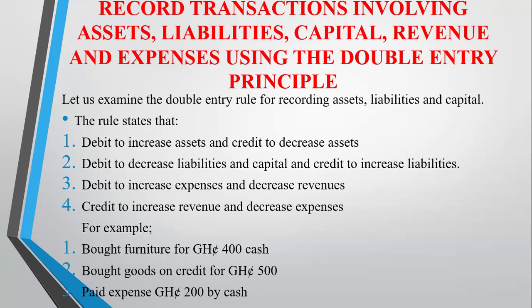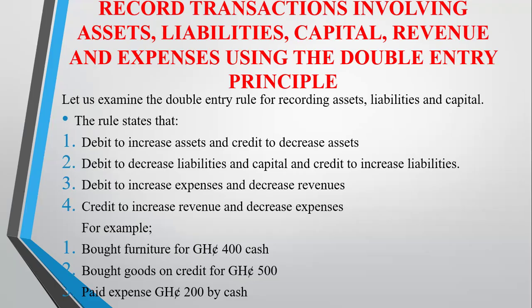So the four is credit to increase revenue and decrease expenses. So credit to increase revenue. If we make sales, our revenue is what? Increasing. So that's why we open a sales account and we credit it.